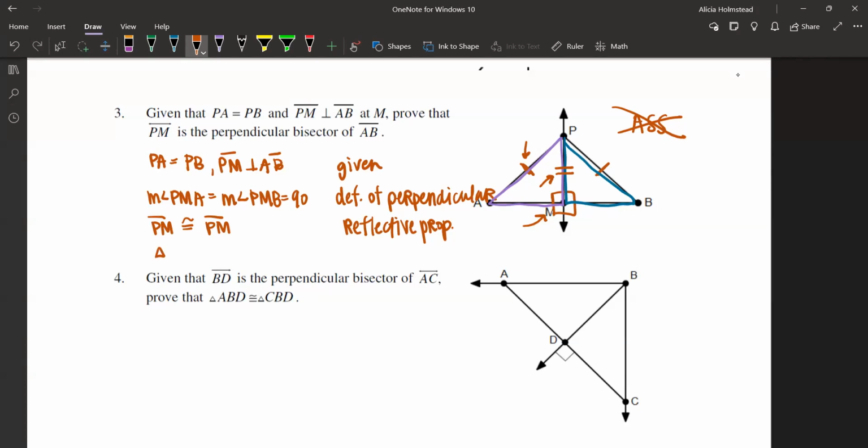So triangle AMP is congruent to triangle BMP by HL congruency. And because those are congruent, we know then that PM is congruent to AB because corresponding parts of congruent triangles are congruent.